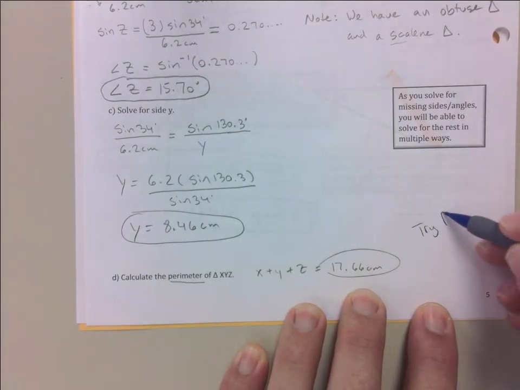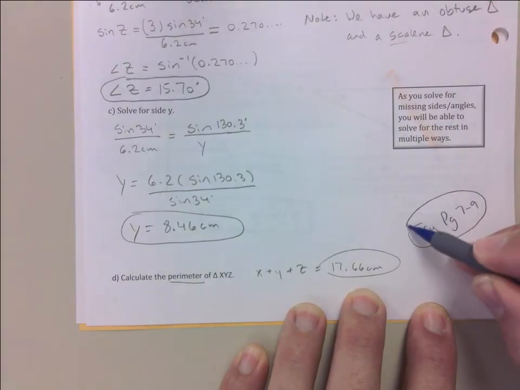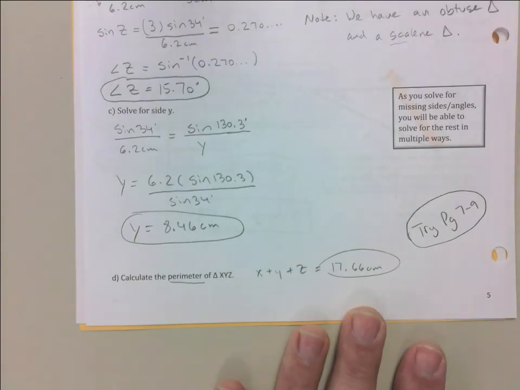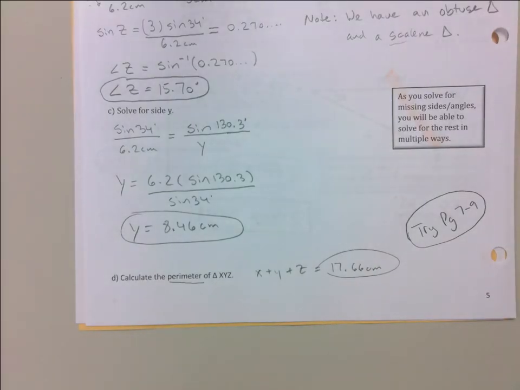Try pages 7 to 9. Given that tomorrow is a day off, guys, please use the rest of the class to work through these so you can ingrain it so it's stuck. I'm going to walk around in a bit. I'm going to let you get started, and then we'll see how you're doing. And I'll look for the answer key as well.